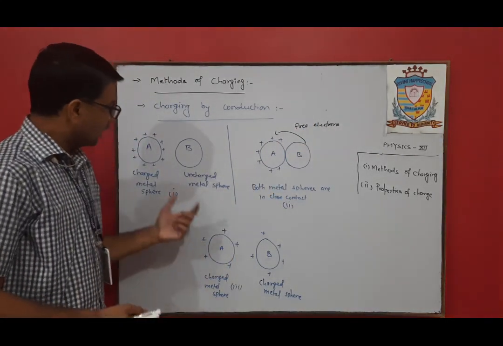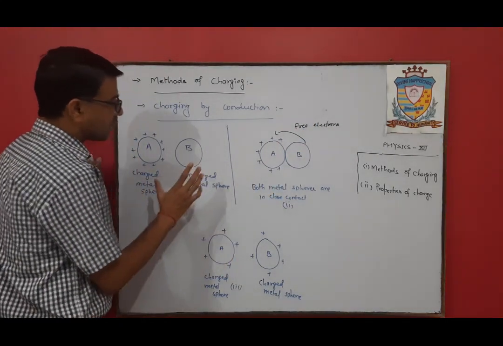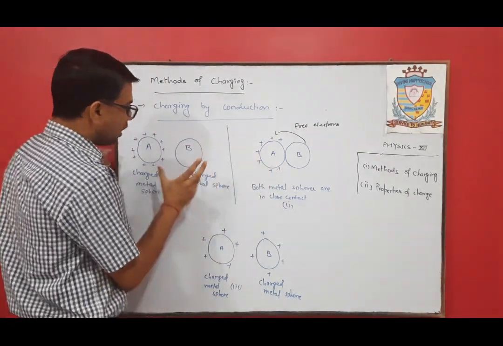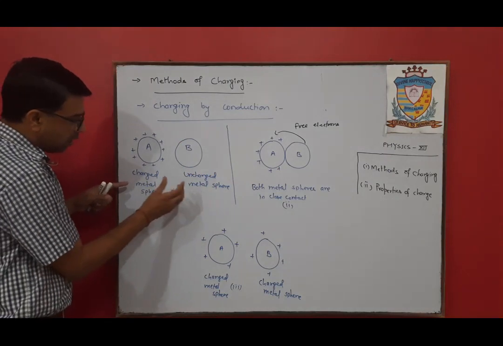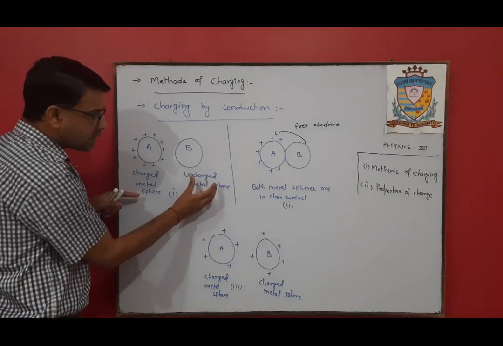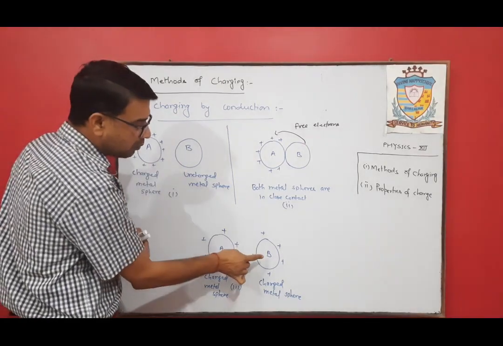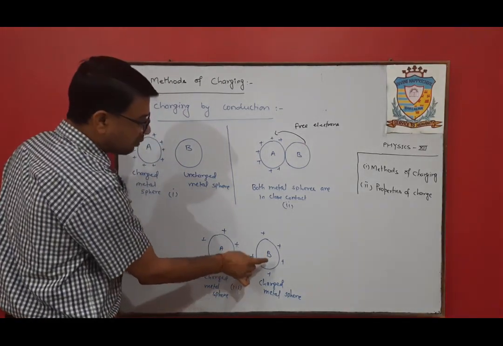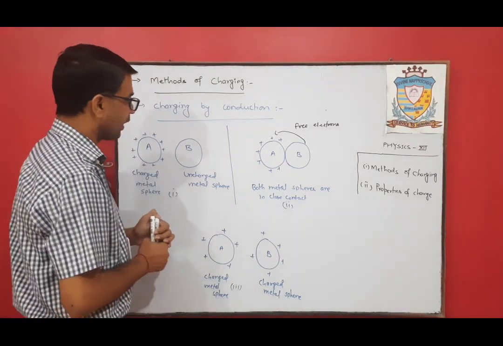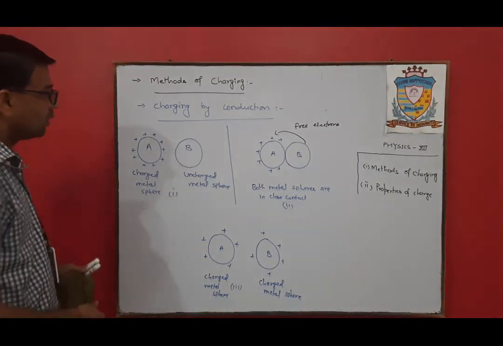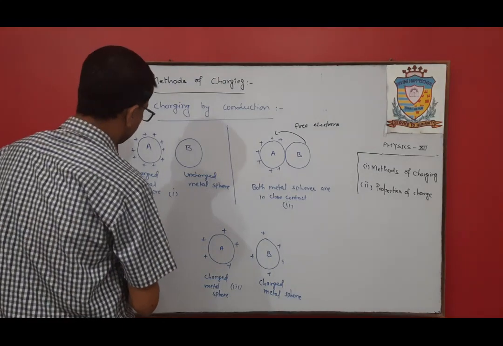So if we move an uncharged metal sphere in close contact with a charged metal sphere, metal sphere B will also be charged. Clear? So this is the method of charging by conduction.